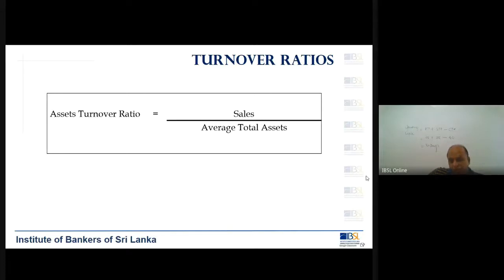Likewise, you have various types of ratios. I don't think that it will be tested in your examination, but just for knowledge. But these types of ratios are a must. You need to know them because in the examination, you might be tested with these. And moreover, when you are evaluating a credit appraisal of one of your customers for a loan, you might have to calculate these types of ratios based on their financial statement.